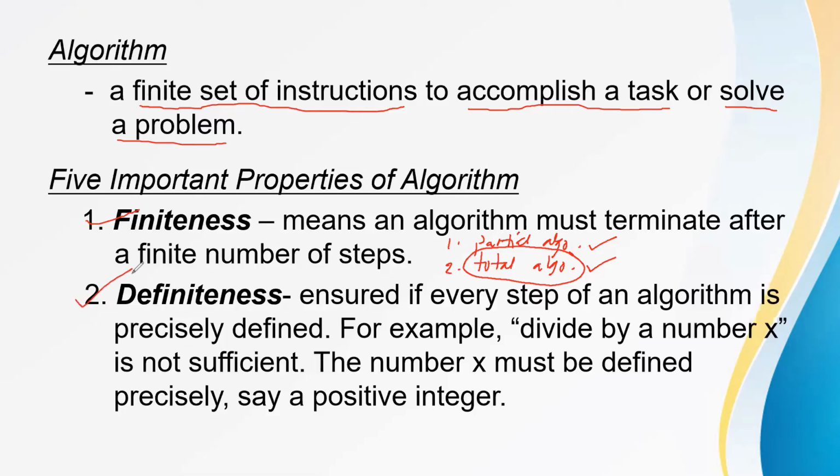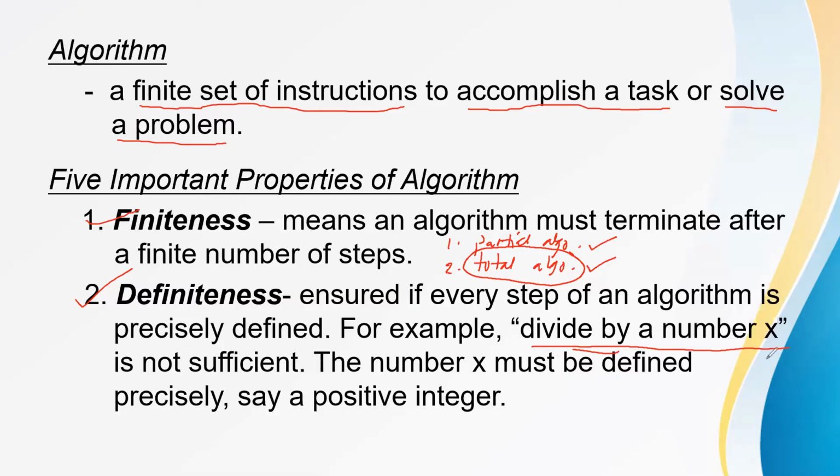It means that the algorithm is clear. The instructions of the algorithm are clear. They're precisely defined. Say, for example, if the algorithm has an instruction which is divide by a number x, it is not clear, right? So what is clear is that you would say divide by a positive number x.